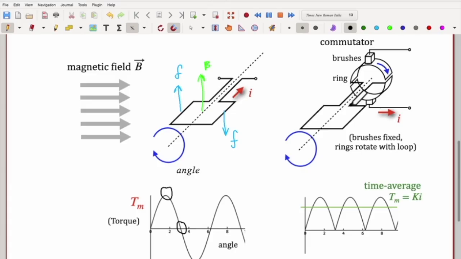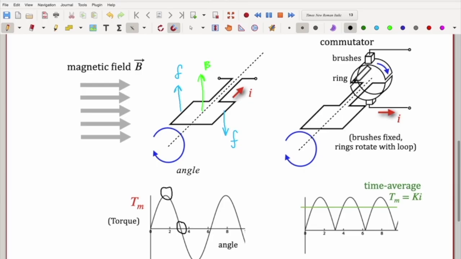I'm going to change terminology from this point on to a coil instead of a loop, because often in motors it's more than one loop, and the more turns you get of the coil, the stronger the torque is. Okay, so the ring here is an electrical conductor, usually copper, and it rotates along with the coil here.